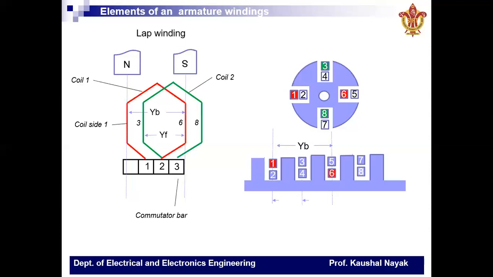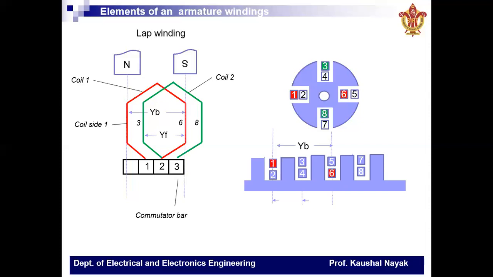Front pitch. The symbol YF represents front pitch. The distance between the two coil sides connected to the same commutator segment is called front pitch. The top coil side of the second coil and the bottom coil side of the first coil connected to segment 2 are 3 and 6.